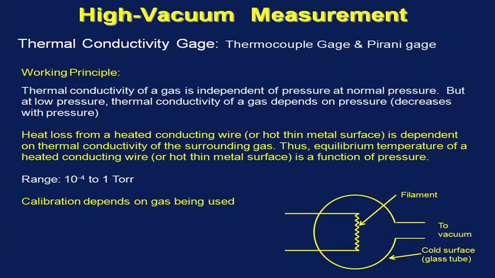The thermal conductivity of a gas is independent of pressure at normal pressure, but at very low pressure the thermal conductivity of a gas does depend on pressure. In fact, at very low pressure the thermal conductivity of a gas decreases with pressure.